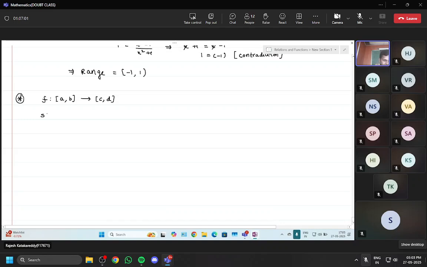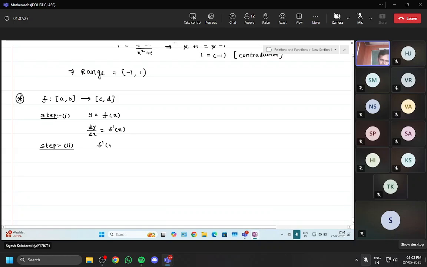In step number 1 of this method, you differentiate y is equal to f of x and find dy by dx, or f dash of x. In step number 2, equate the first derivative to 0: f dash of x is 0.